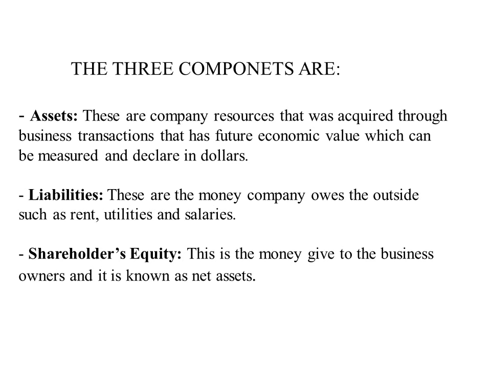Liabilities are the money company owes the outside creditors such as rent, utilities, and salaries. Then shareholders' equity. This is the money given to the business owners and it is known as net asset.